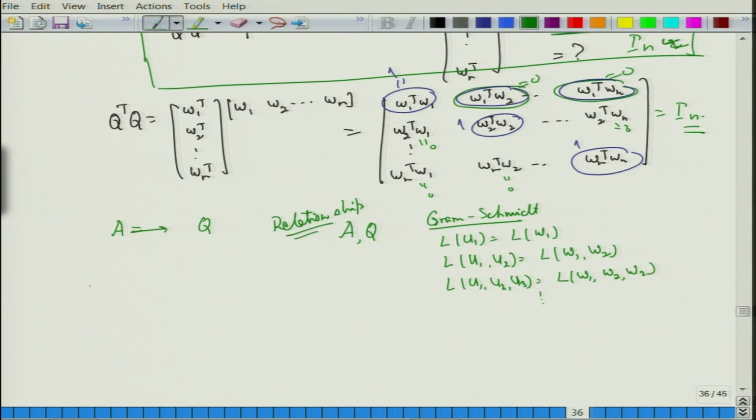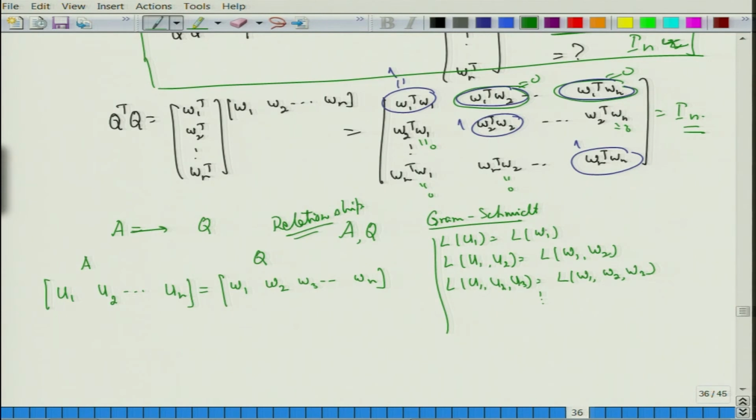This is what it says. The matrix A is U1 U2 up to Un, and the matrix Q for me is W1 W2 W3 till Wn.